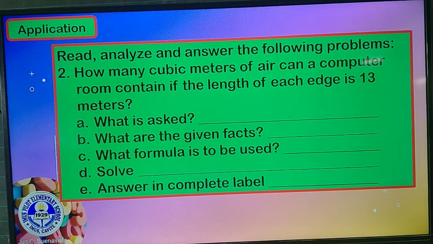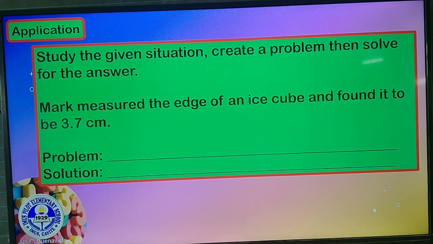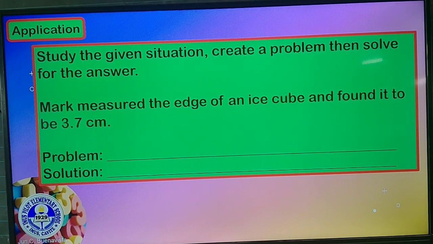Then for the next activity, you are going to create your answer. So Mark measured the edge of an ice cube and found it to be 3.7 centimeters. So you are going to make your problem and then solution.